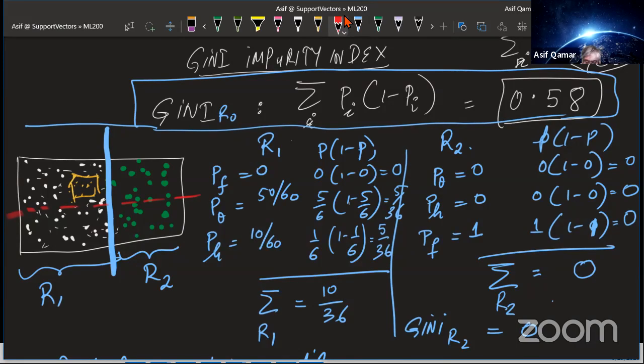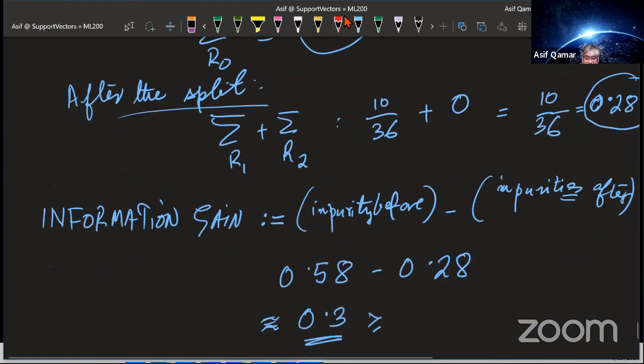No. You can literally see that there would be much less pure regions that get created. And so you would say that the information gain would not have been as much. Are we together?